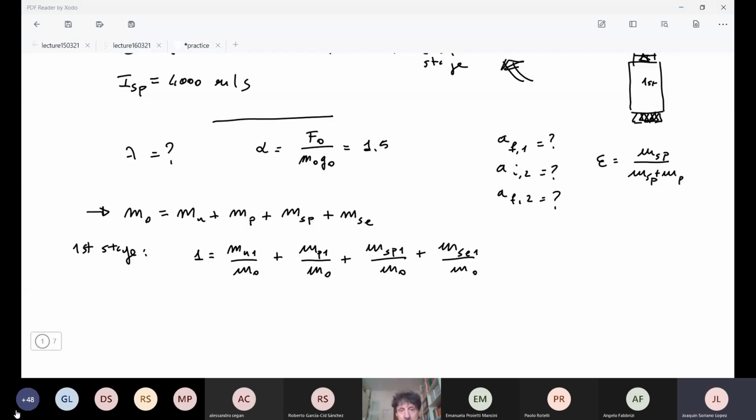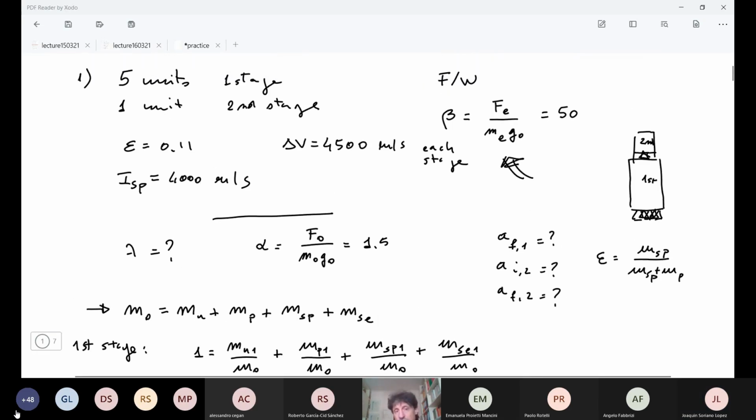Excuse me, Professor. Why aren't we taking into account the mass of the engines in the epsilon term? We are not keeping it within the epsilon because, in principle, we can also consider epsilon including the engine mass, but this is typically done when the engine mass is negligible with respect to other inert masses.